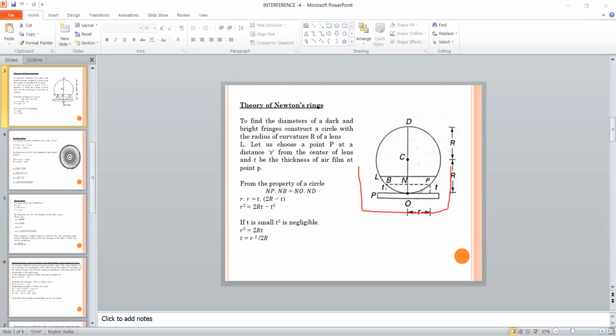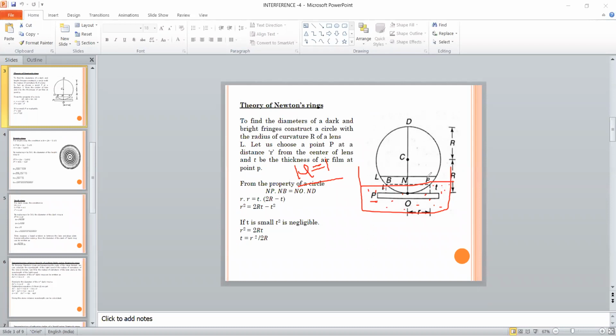When you use some liquid in place of air, it is occupied with that liquid. That means, in the experiment, the mu value is taken as 1. Why? Because in between the plano-convex lens and a glass plate there is an air medium. That's why in the entire derivation of Newton's rings you use mu equal to 1.